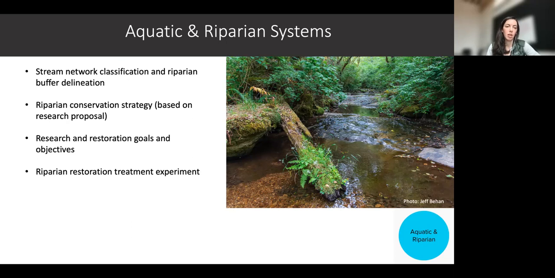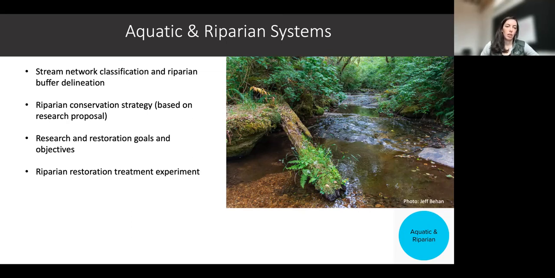But this really lays out the overall goals for the riparian and aquatic research, restoration as part of that research, and then objectives and more specific guidance. It is similar in structure to the extensive section, where you're starting with broader goals, objectives, and then management guidance under that.